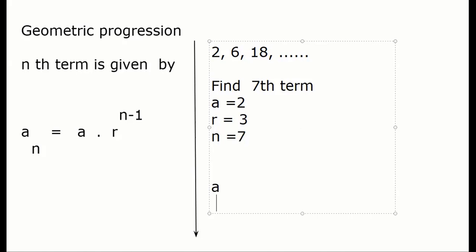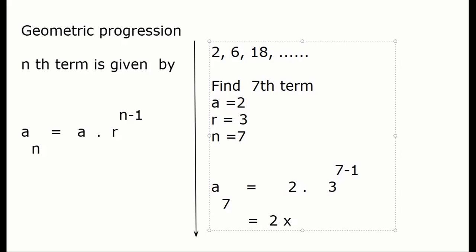So A7, the 7th term, obviously will be given by A, which is 2, into R, which is 3, to the power n minus 1, 7 minus 1. That will be 2 times 3 to the power 6. 3, 9, 27, 81, 243, 729.